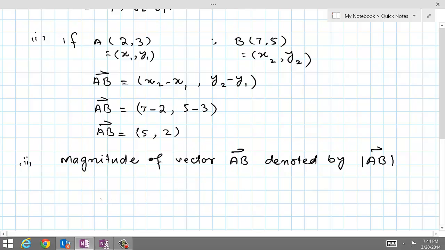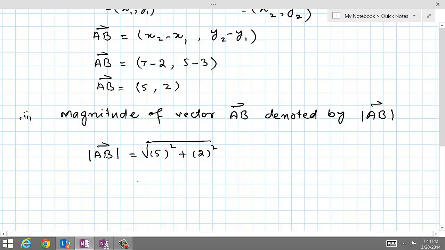The magnitude of AB would be equal to the x component squared, which is 5 squared, plus 2 squared, and then square root. This is the magnitude of the vector.